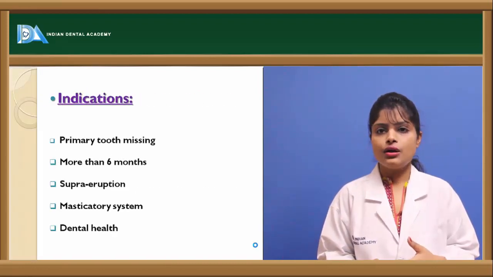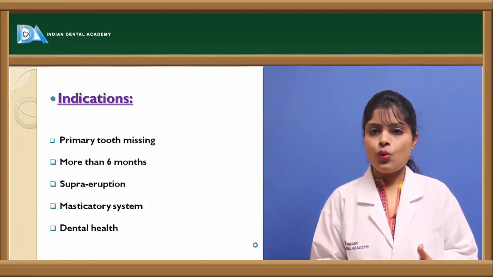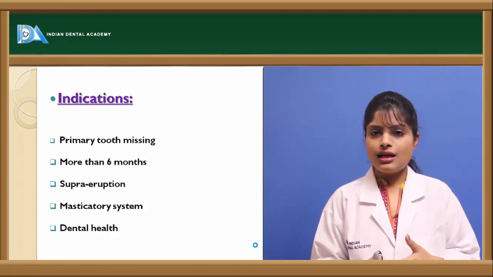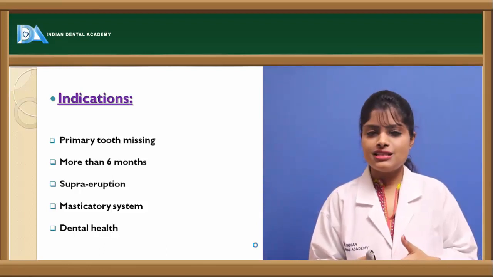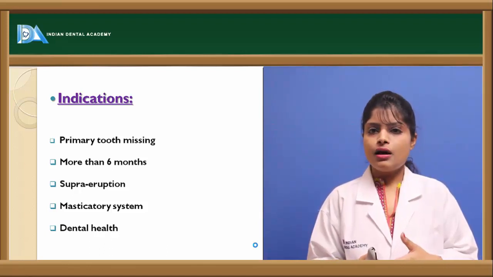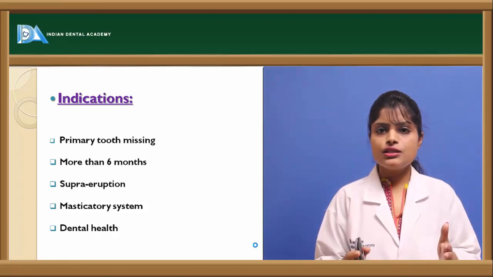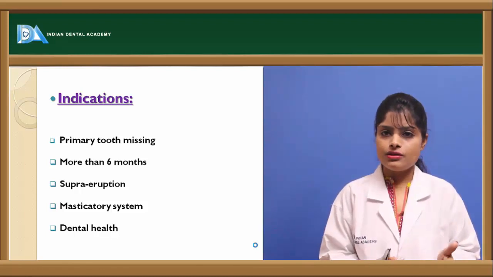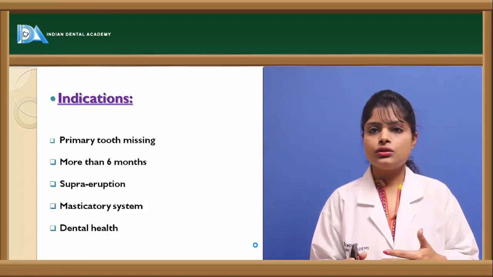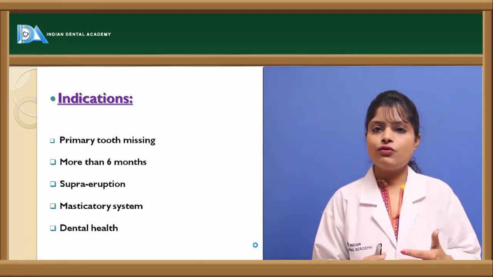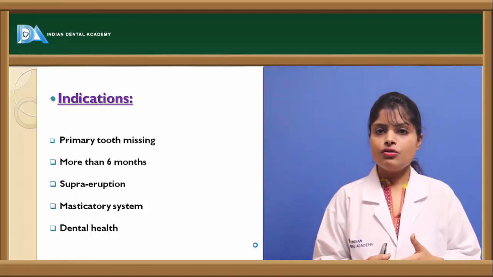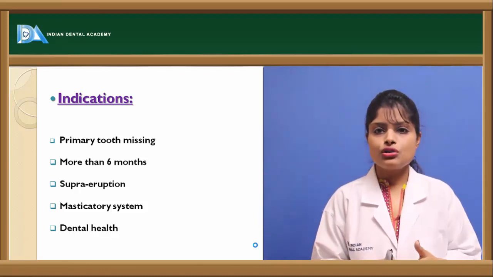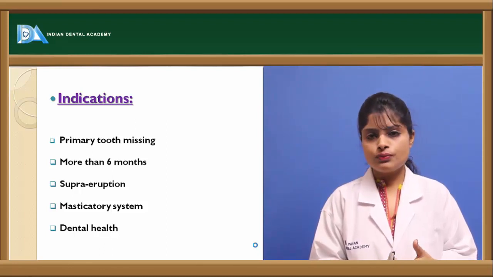Now let us see where at all we require a space maintainer. That is, what are the indications of a space maintainer? A space maintainer is used whenever a primary tooth is prematurely exfoliated, or if there is a delayed eruption of a permanent tooth.